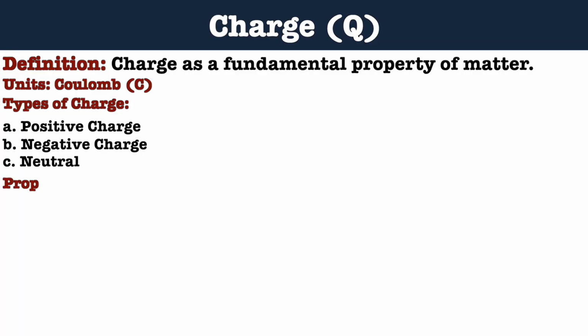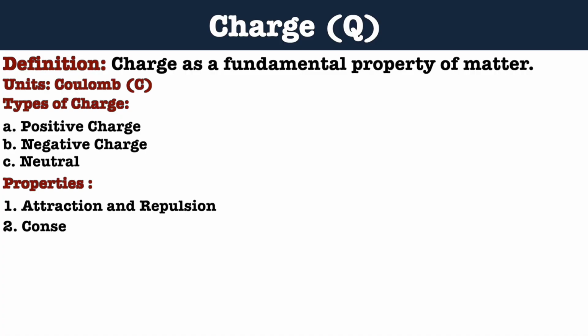Now we will discuss the properties of charges. One property is attraction and repulsion. Like charges repel each other while opposite charges attract each other. This principle is the basis for many electrical and magnetic phenomena. Another property is conservation of charge.